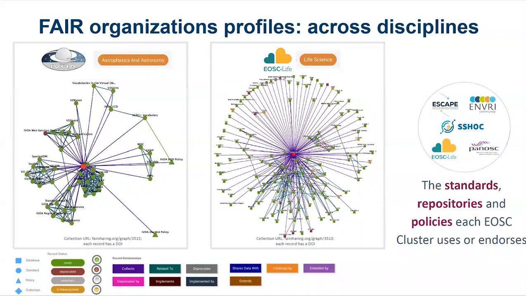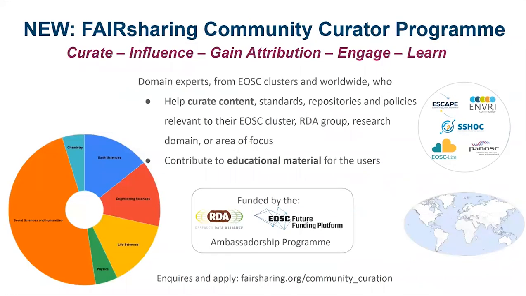We are also working a lot cross-disciplinary, especially with the EOSC cluster. And so we are building this visualization and collection info of the standards and repositories that these research infrastructures have built and recommended. And these serve as a glance view, like I said, a profile overview.